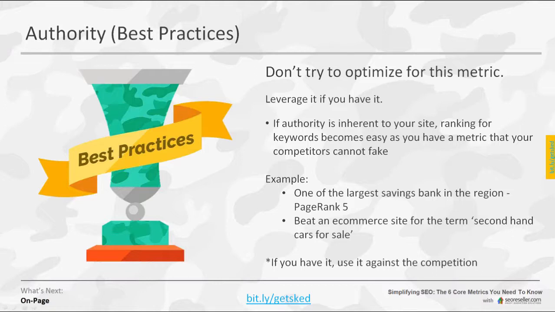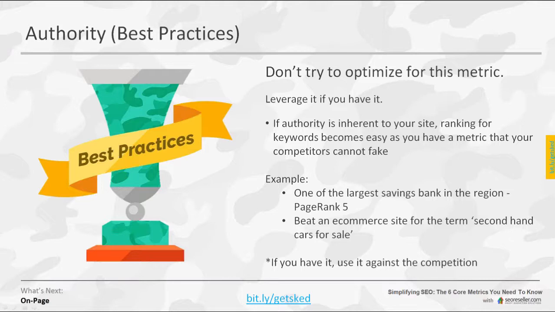In 2013, we worked on a bank with over 100 branches, and they were trying to fight two much larger competitors. The bank, one of the largest banks in the region, actually had a PageRank of 5. That is tremendous PageRank. They were trying to beat websites and domains that were younger than them.